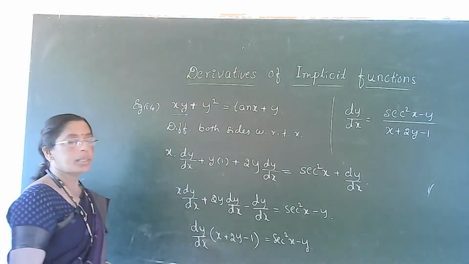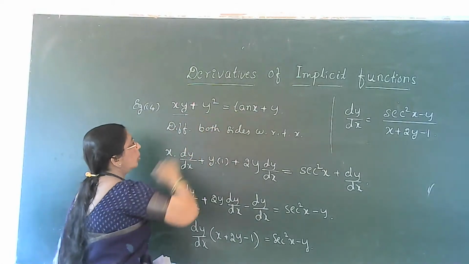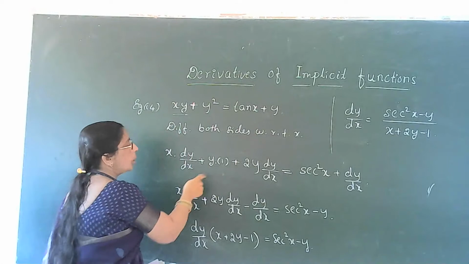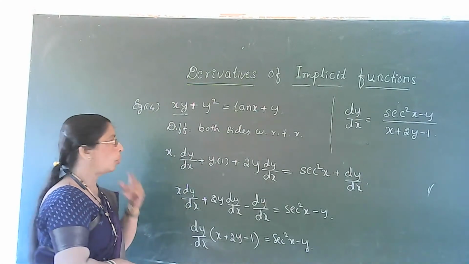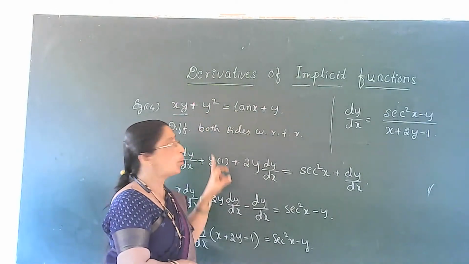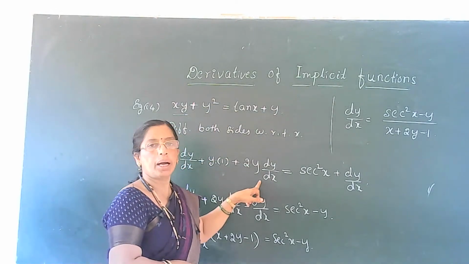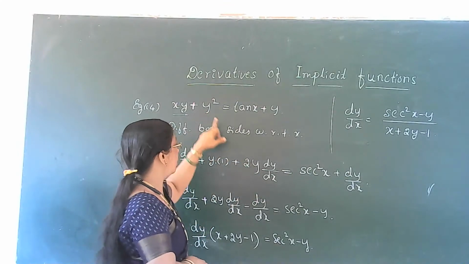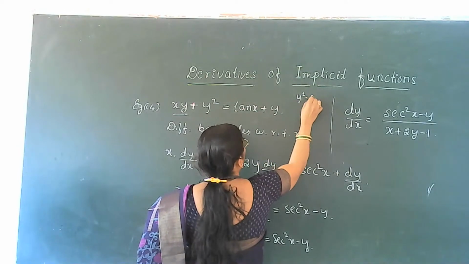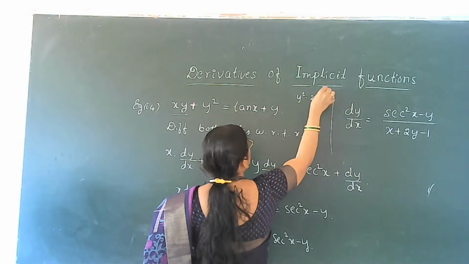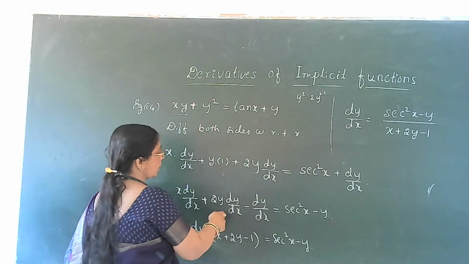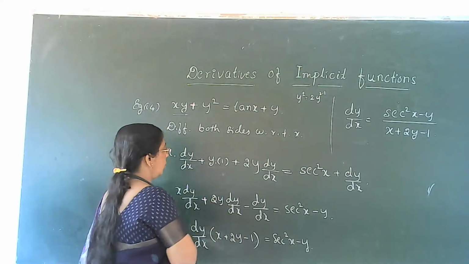Here, differentiate both sides. Here 4 terms are there. On the LHS side, xy we differentiate using the uv rule. Then y square is 2 into y to the power 2 minus 1, 2y into dy by dx with respect to x.